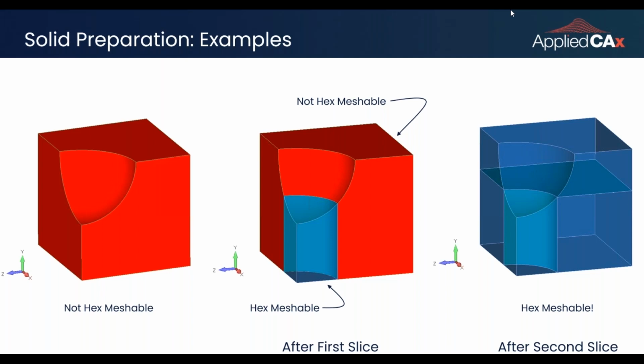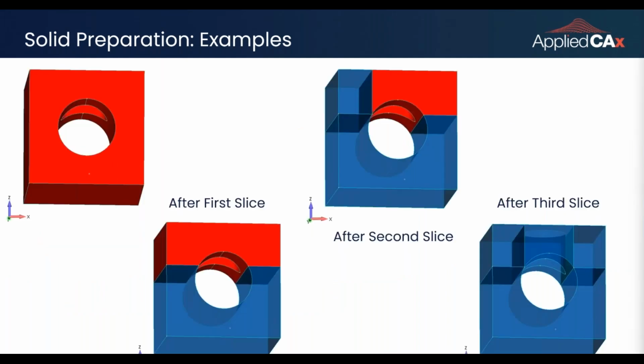Do I have a bottom face? Are those faces connected by four-sided edges? And is there a single path through those edges? If there are, you're going to be able to generate a hex mesh on that solid. And like I said, that's going to lead to good things as far as results and accuracy and speed.